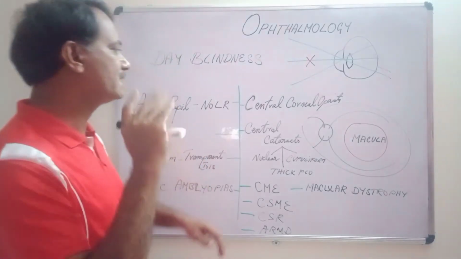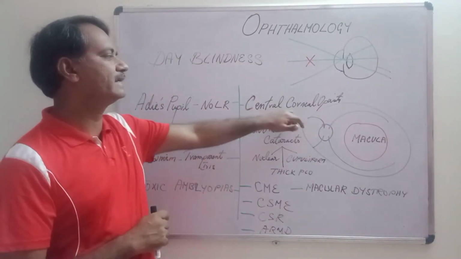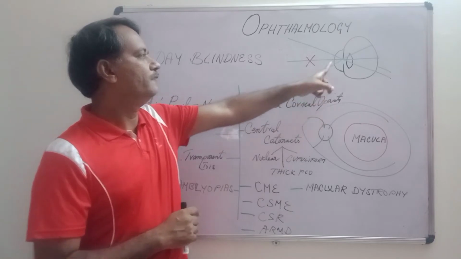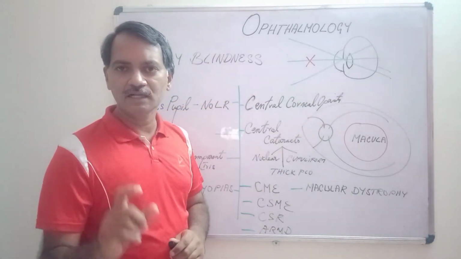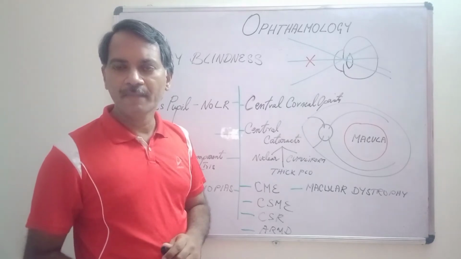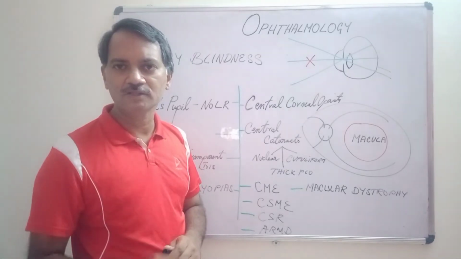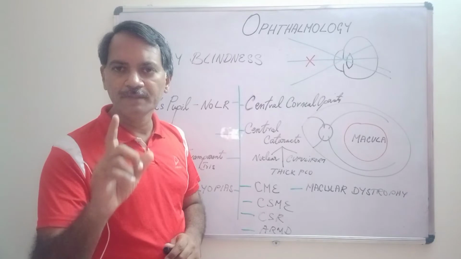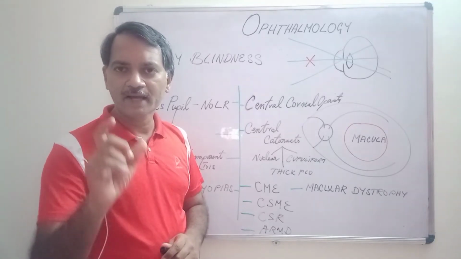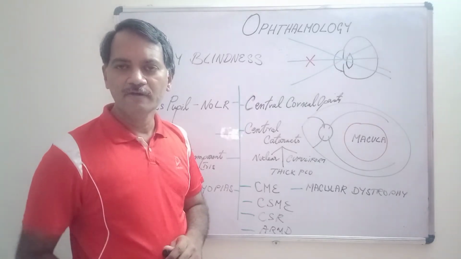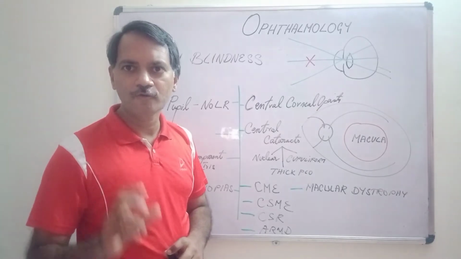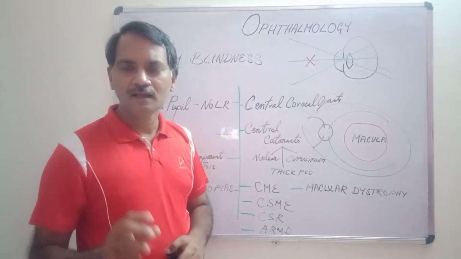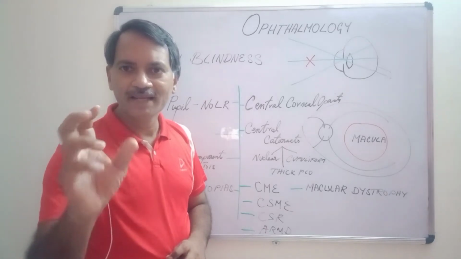Day blindness will develop when there is a central corneal opacity. If you have a central corneal opacity, the straight rays that are going to fall on the macula will be obstructed. So the macula will not be stimulated. The macula has cones, which are essential for photopic vision, the vision caused by bright light.